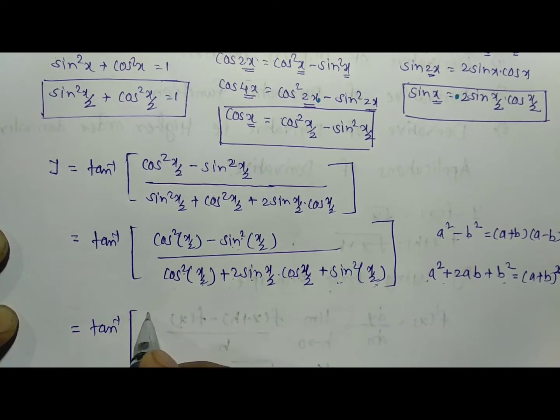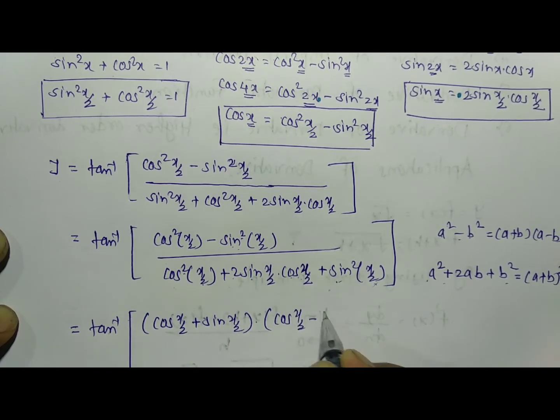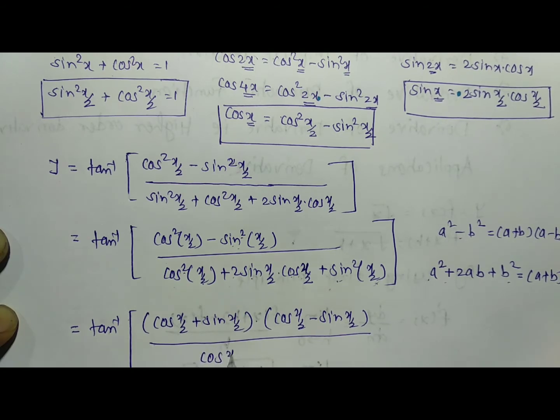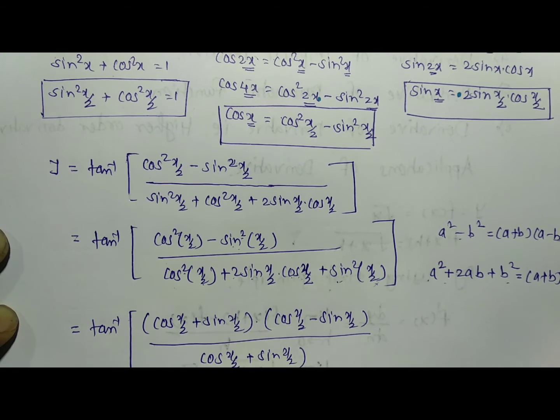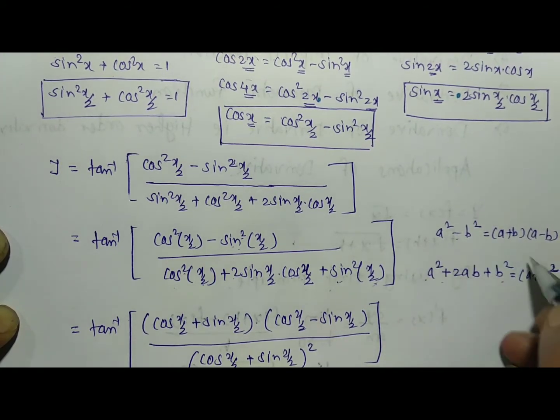First of all, we have cos x/2 plus sin x/2 in one bracket, and in another bracket cos x/2 minus sin x/2, and inside the denominator cos x/2 plus sin x/2, bracket square, as per this consideration.